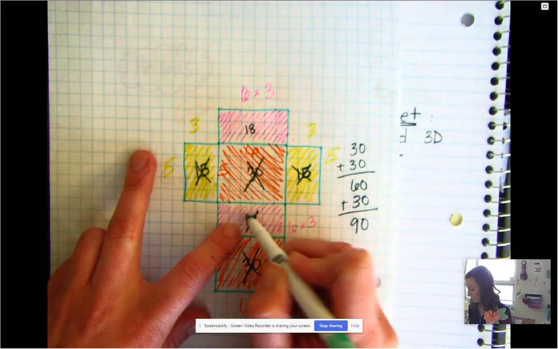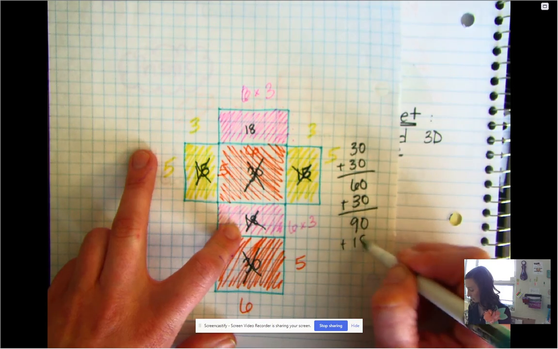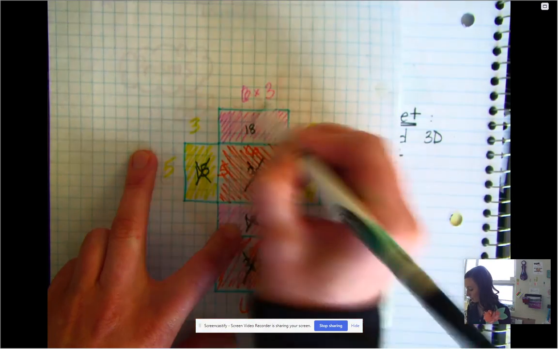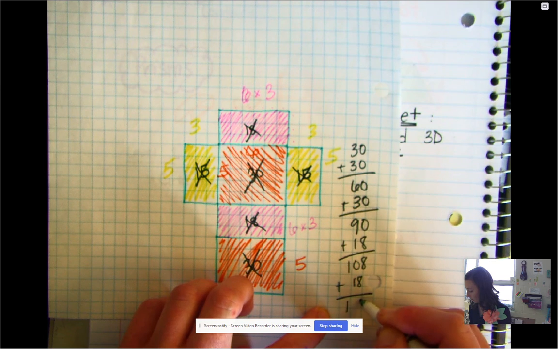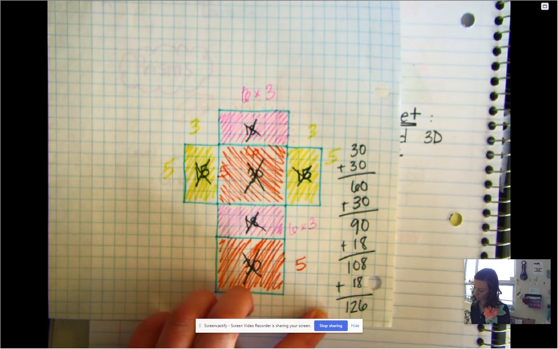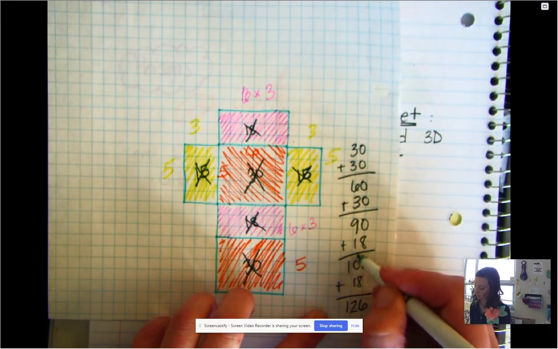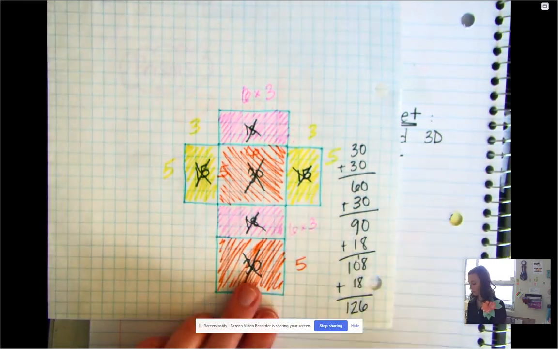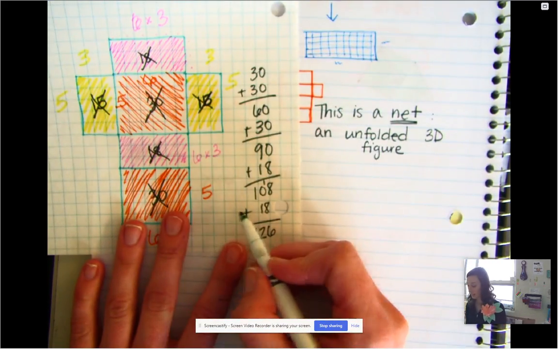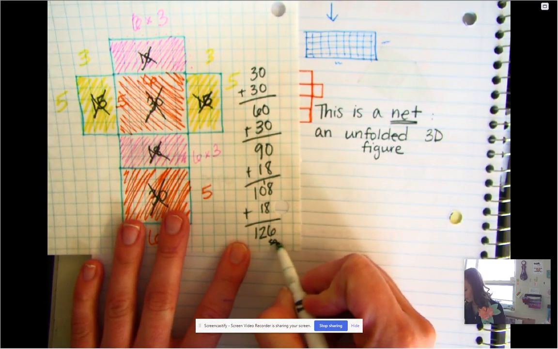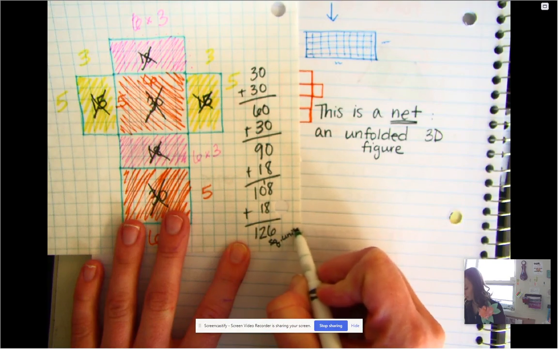If I do 90 plus 18, I'm at 108. And if I do 108 plus 18, I'm at 126. So the surface area of this net is 126 square units.